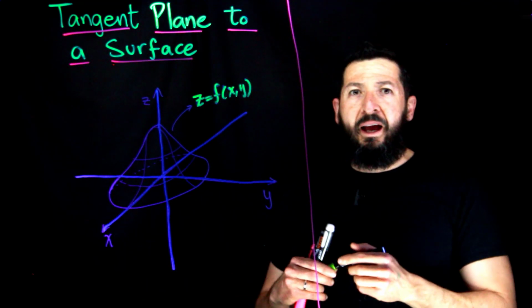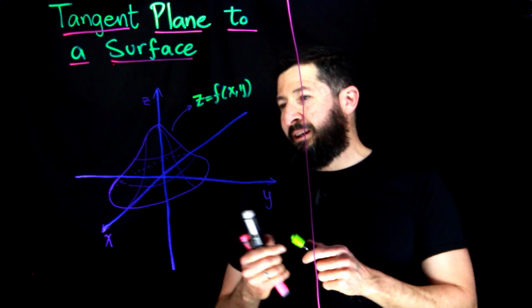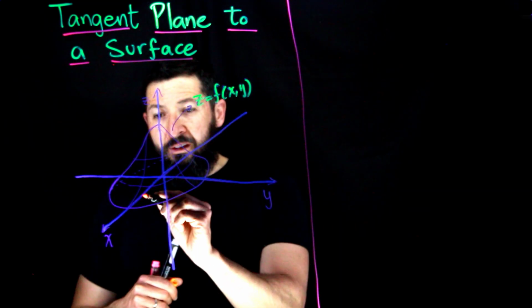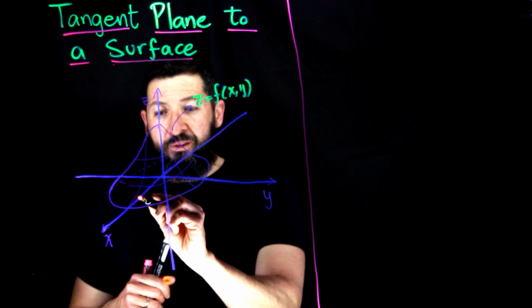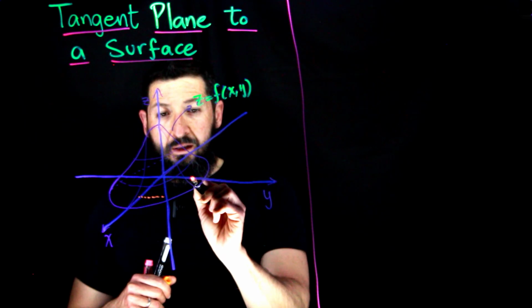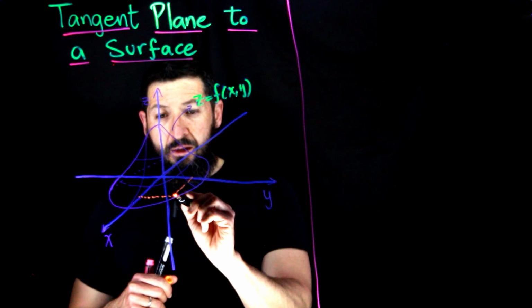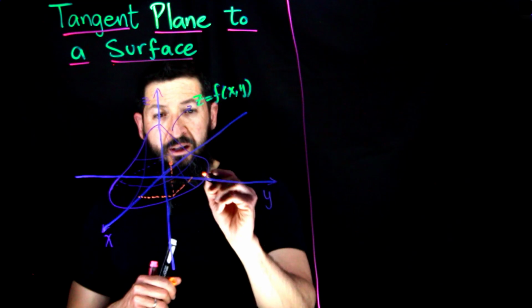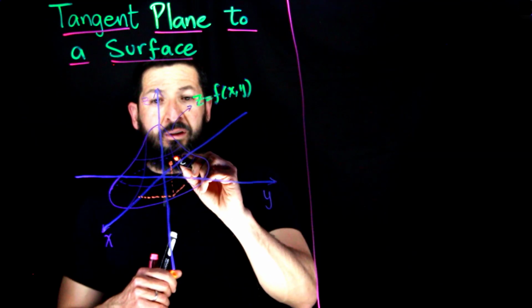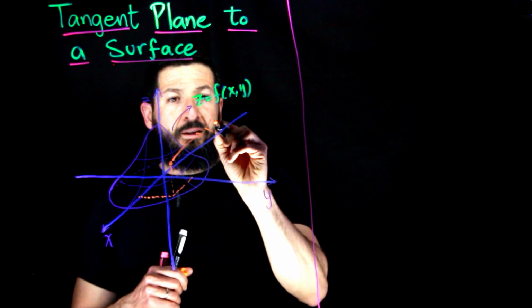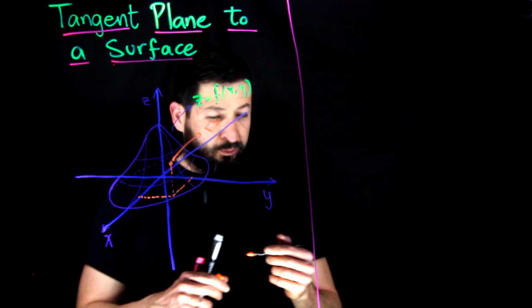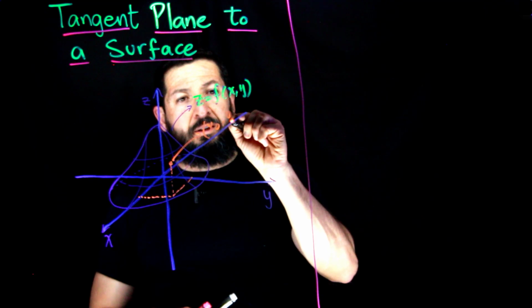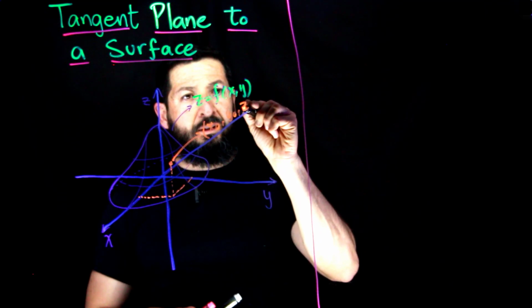Alright, and now let's say that we pick a point here on the surface. Let's say the coordinates of this point, not vector, but point, are given by x naught, y naught, z naught.